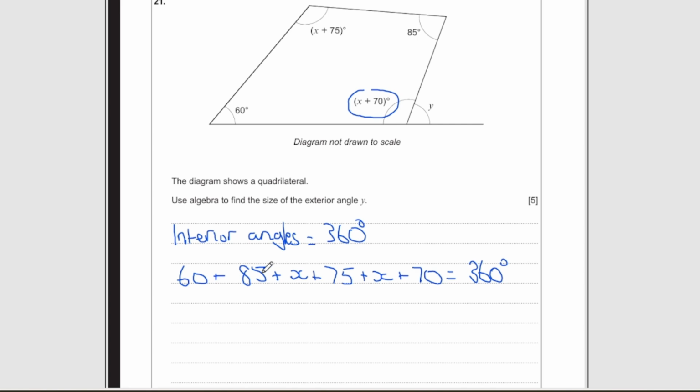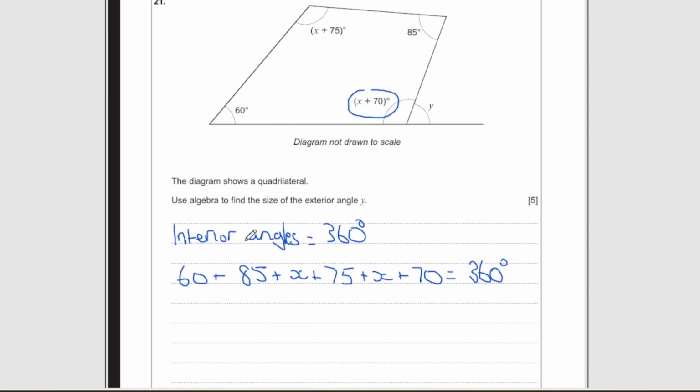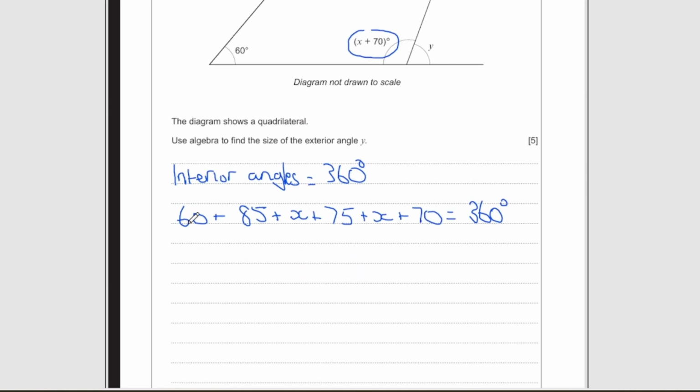Let's simplify this. Let's collect the like terms first. So we've got 60 plus 85 plus 75 plus 70. We've got numbers, numbers, and even more numbers. Column method it, the easiest way. 60, 85, 75, and 70. 0 plus 5 plus 5 plus 0 is 10.